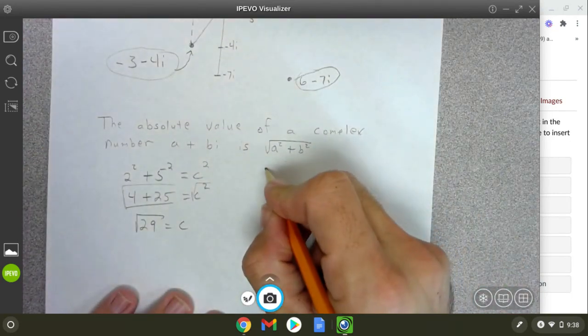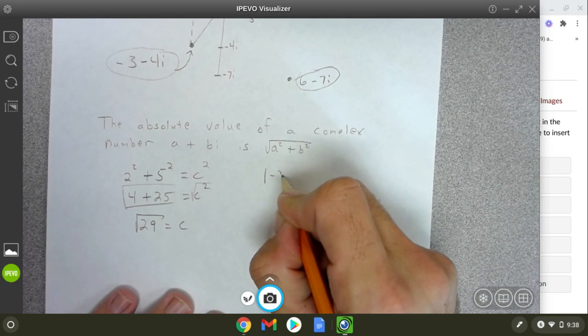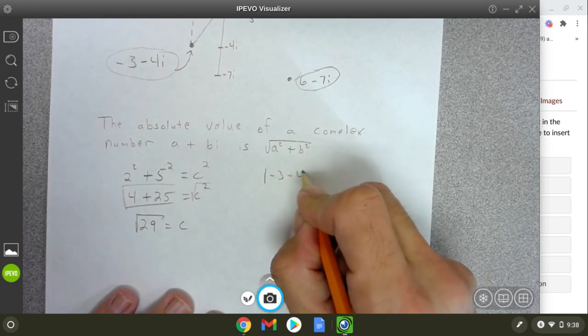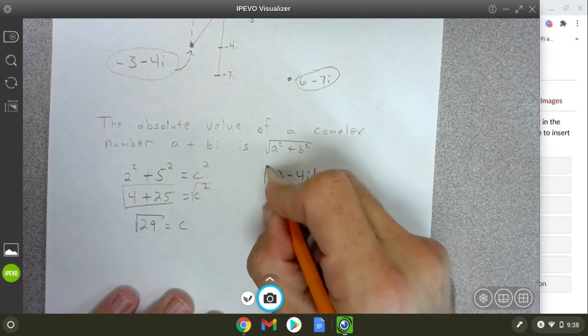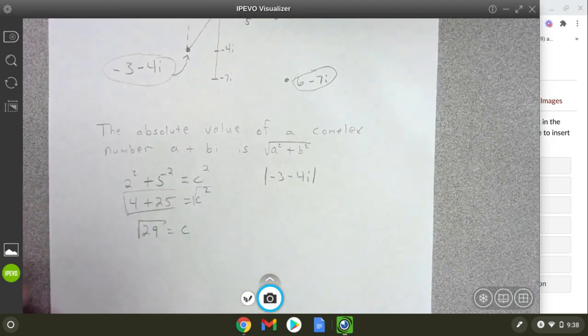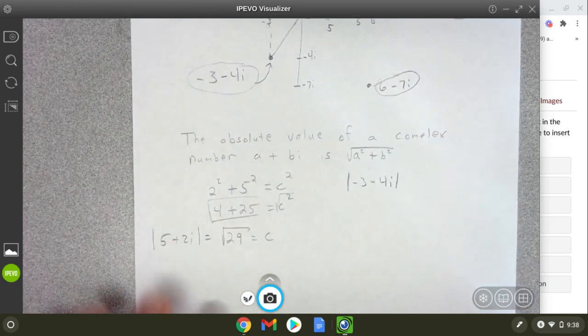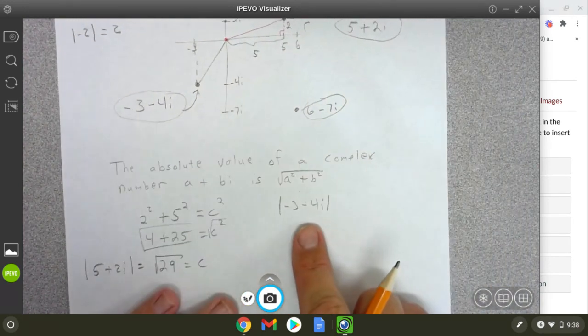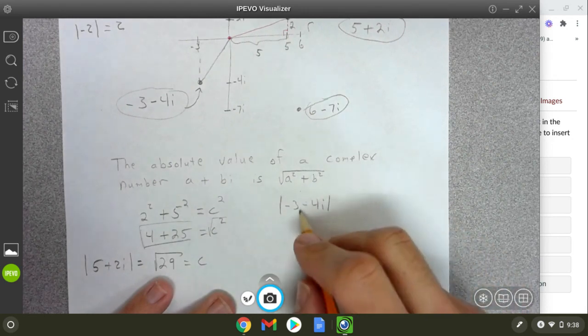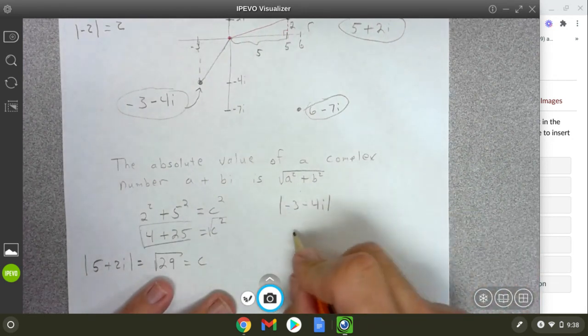All right, so if we're finding the absolute value of -3 minus 4i, I didn't put that up here, did I? For this one, that was the absolute value of 5 plus 2i. So we're going to do a squared, which this is our a, the -3.